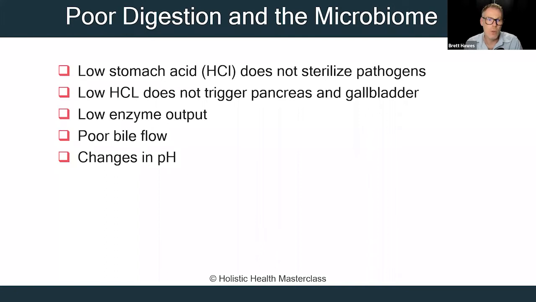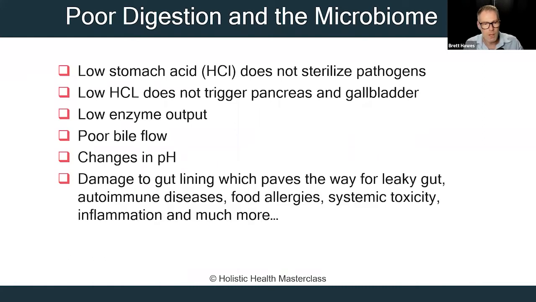And two, we create this favorable environment for pathogens to take hold and start to grow. So this all together relates or eventually can pave the way to leaky gut, right? Autoimmune diseases, food allergies, systemic toxicity, inflammation, and of course, much, much more, right? Once the gut lining is damaged, there's a whole host of things that go wrong from there.